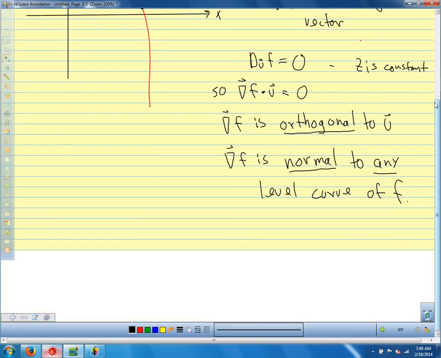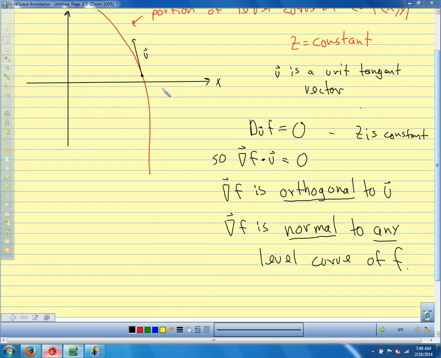So that's going to be a very important property of the gradient. Gradients are normal to level curves. And it makes sense because if we think of a topographical map, the direction that we're going to go steepest up the hill is perpendicular to those curves that represent the altitude on our mountainside.